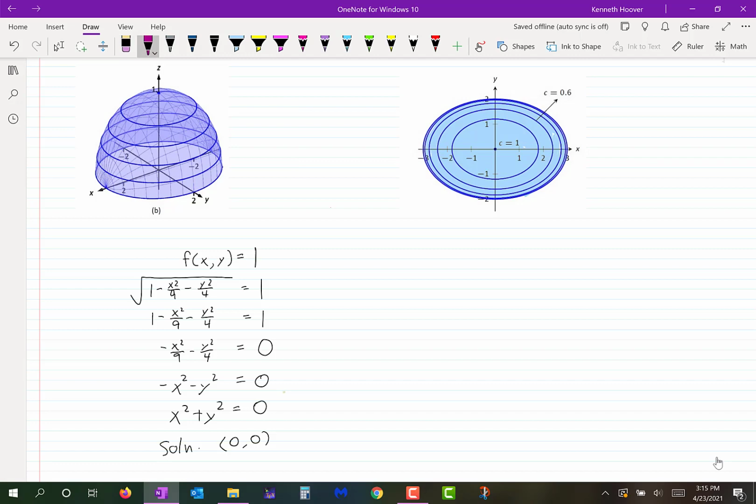The level curve on the outside there is the level curve for c equals 0. Those are all of the points whose output is 0, and that corresponds to that ellipse there on the bottom.